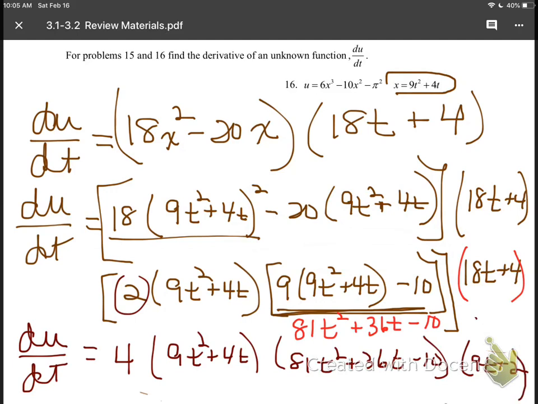I factored a 2 out of there. So that is your final answer. It's all factors, so that is excellent. So that ends these problems.